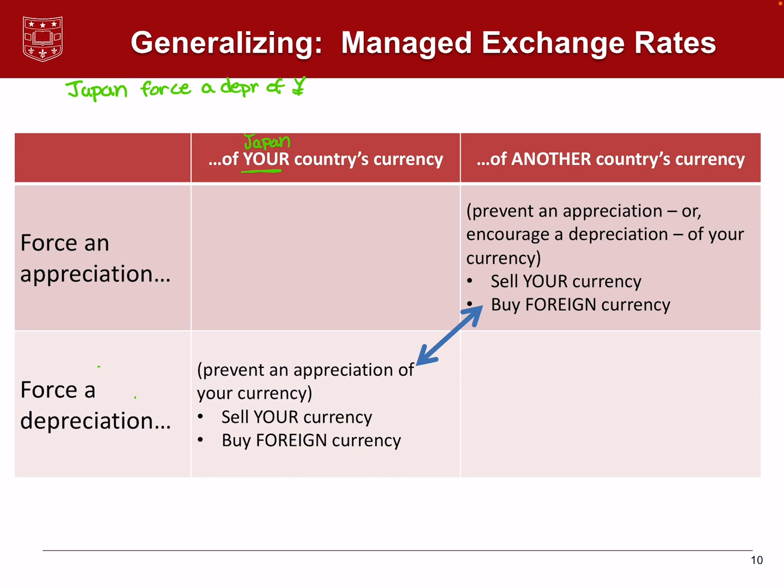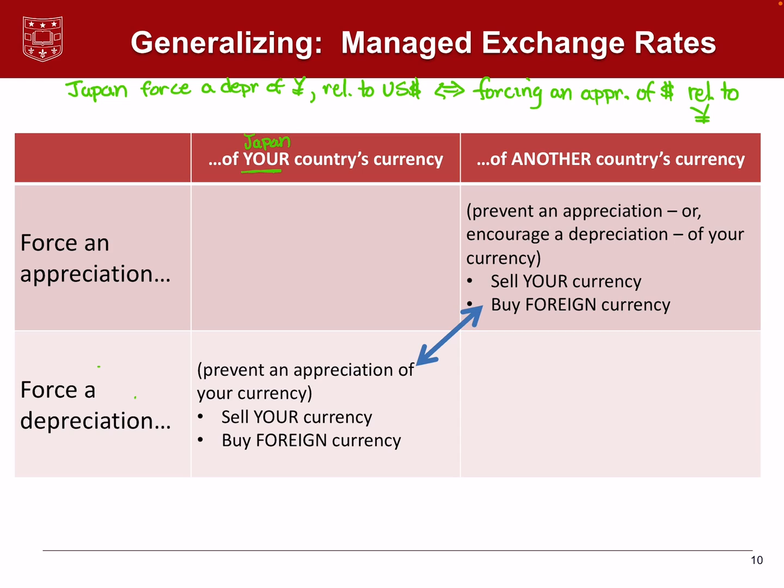And if it is forcing a depreciation of the yen relative to the dollar, then this is the same thing as forcing an appreciation of the US dollar relative to the yen.